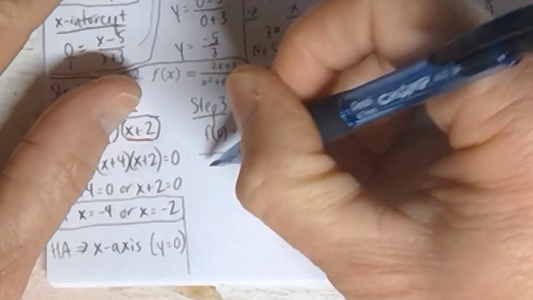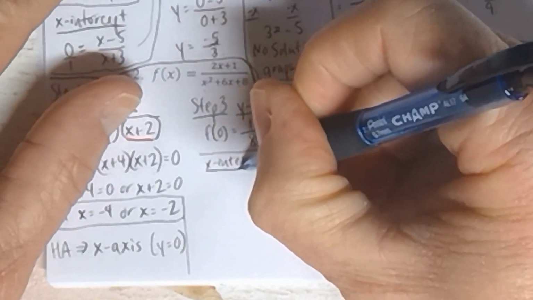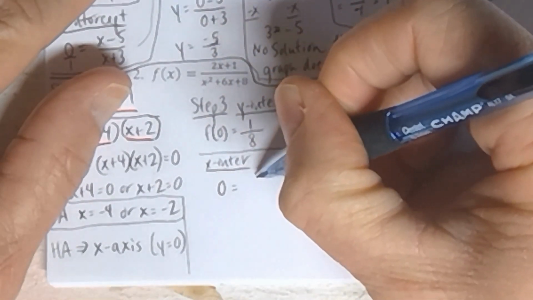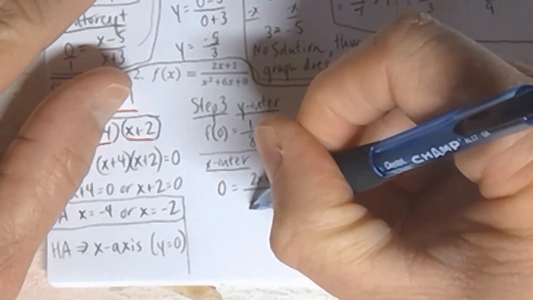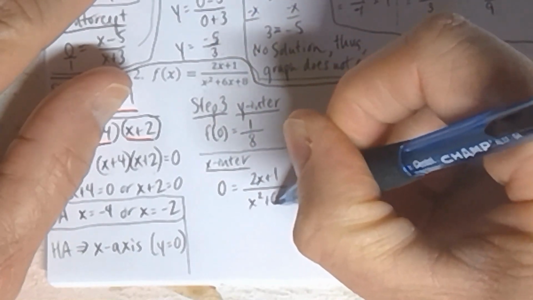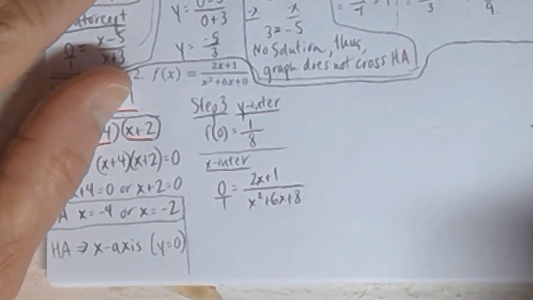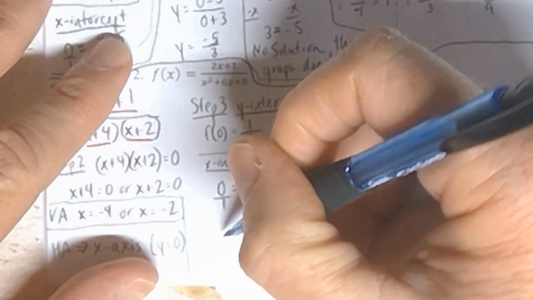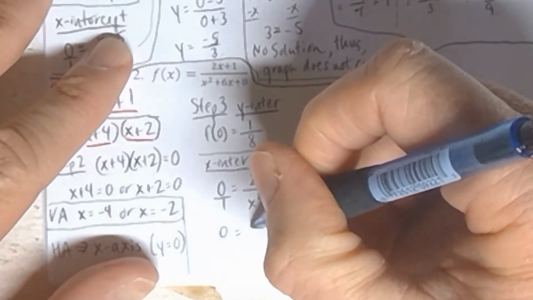What's the x-intercept? The x-intercept is when the y is equal to 0. In other words, when the f of x is equal to 0. And as we found out in the last problem, you can cross multiply to figure this out, because you could say 0 over 1, and then you can cross multiply. If I did that, wouldn't I get 0 equal to 1 times 2x plus 1?